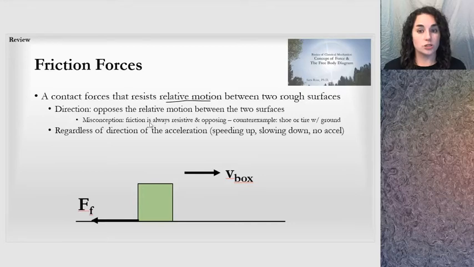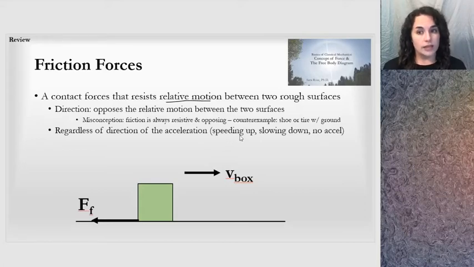misconception that friction is always resistive and opposing, when actually there's counterexamples where it causes the motion and causes the acceleration. So watch out when you're drawing free body diagrams that you have a resistive force in the correct direction, and we'll go through some examples. Regardless of the direction of the acceleration, we can draw the direction of this force.